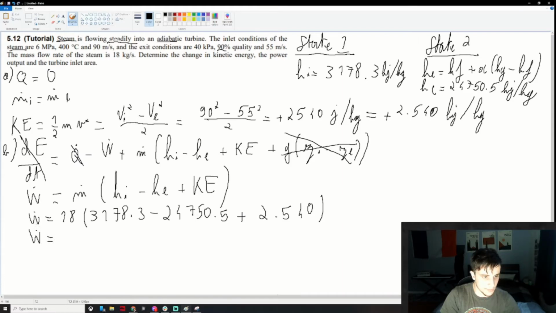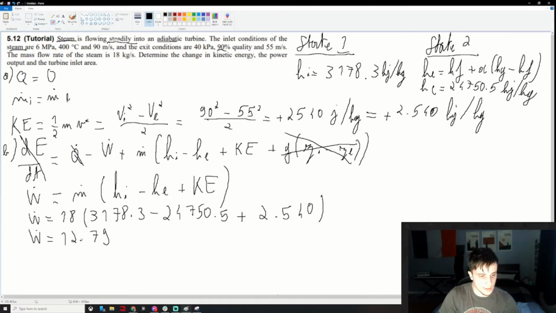And remember, as we just saw right before, this is big W dot, so the value will be in megawatts, so 12.79. Well, you'll find it in kilowatts, actually. If it's in kilojoules, it'll be in kilowatts, of course. Watts is joules per second, so kilojoules per second is kilowatts, and then megajoules per second is megawatts.